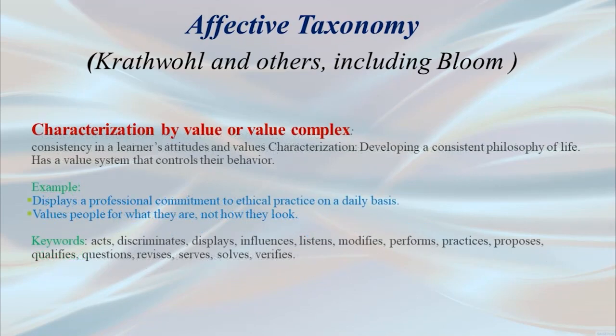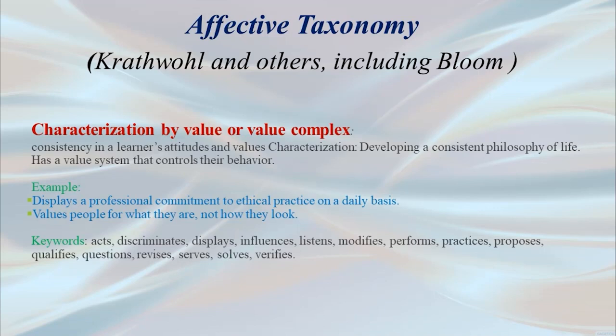The last level in affective taxonomy is characterization by value or value complex. In this level, the behavior is consistent, predictable, and most importantly, is characteristic of the learner. In this level, the learner develops a consistent philosophy of life, has a value system that controls his or her behavior.